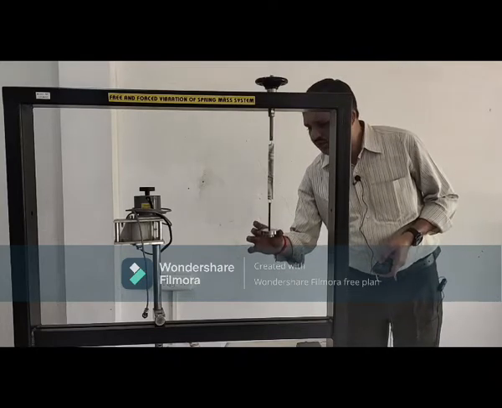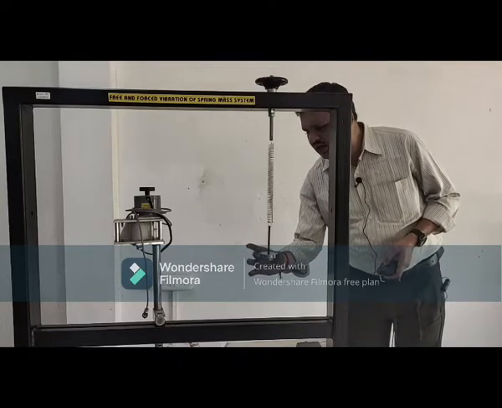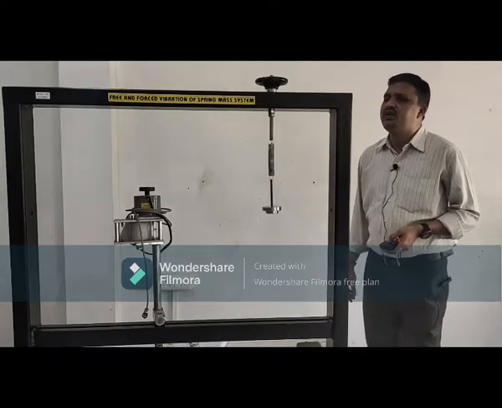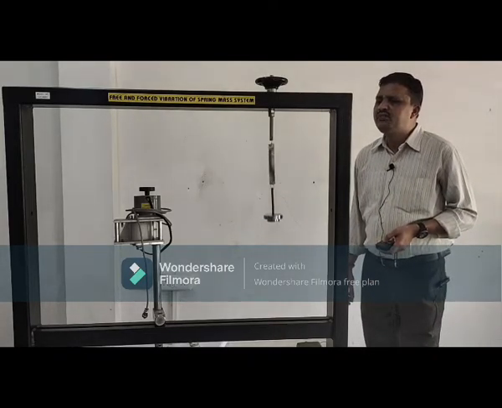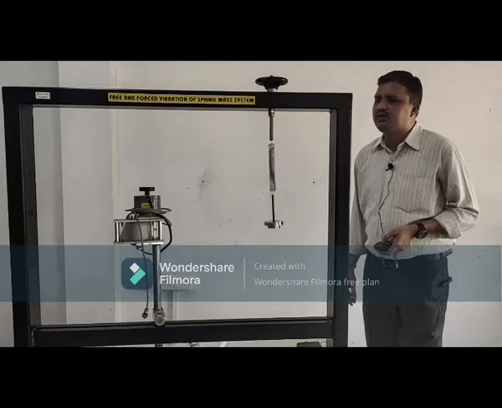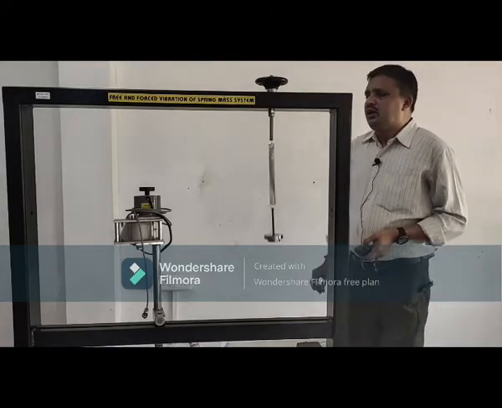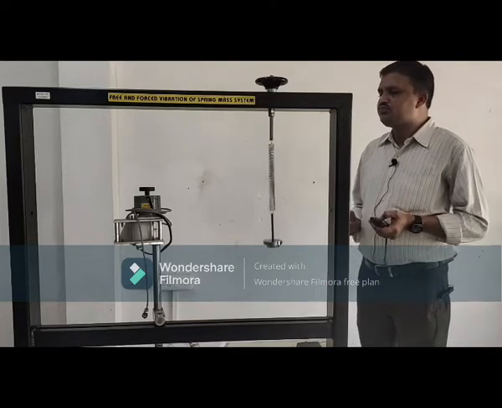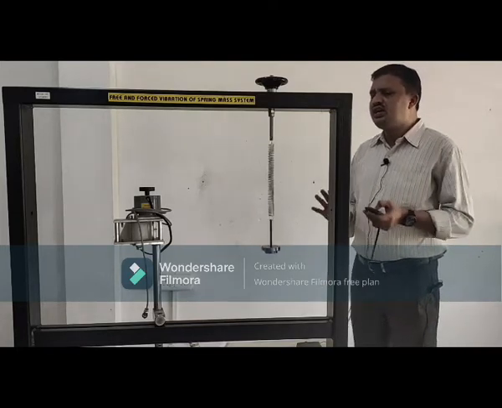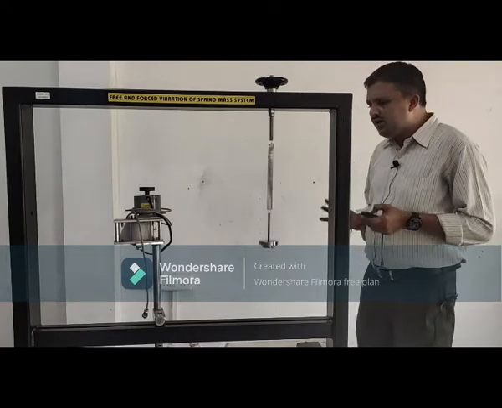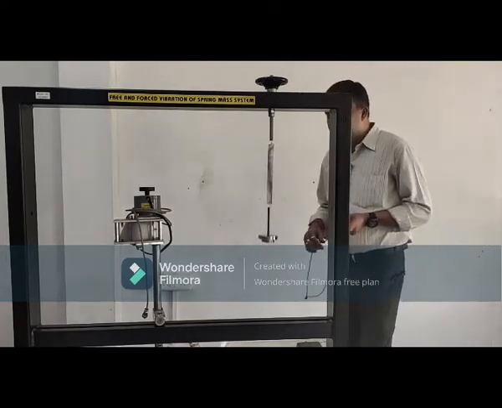Here you can see, by giving an initial displacement like this, the free vibrations are set up in the spring. Here no damper is attached and no external force is acting. So these are free vibrations of this spring mass system.